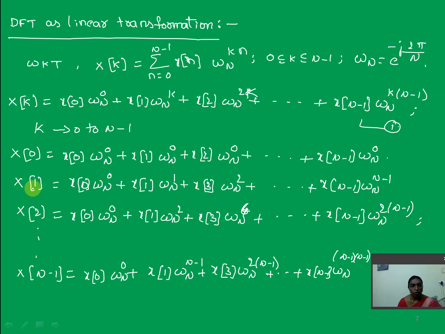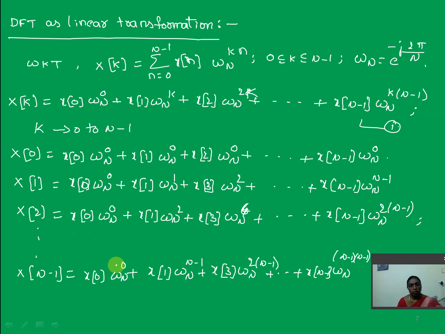That means we may write this equation in matrix form. Consider X of k as one vector, and consider x of n as another vector. These twiddle factors can also be considered as an N by N matrix. So here we may represent all these equations in matrix form.